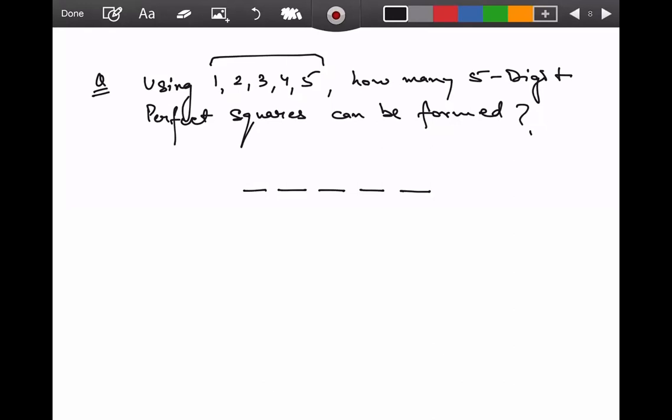So you can't repeat a digit, right? No, we have to use all the 5 digits. Yes, Ishita? So we have to multiply the digits. I don't know. Sir, how many 5-digit perfect squares? 72. Sorry? Is the answer 72? Who is this?